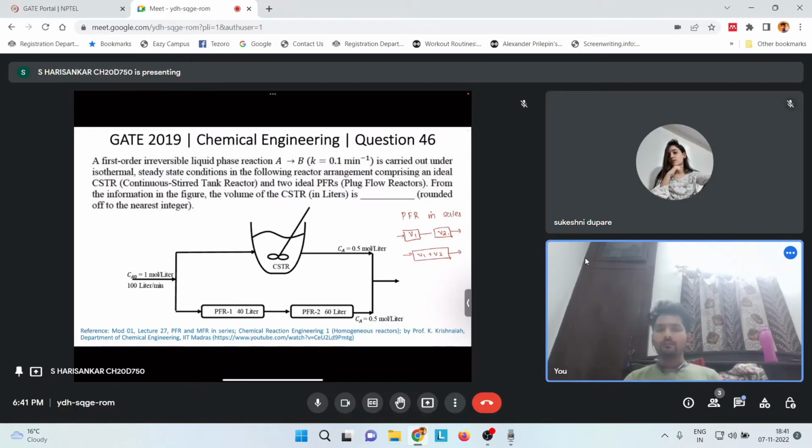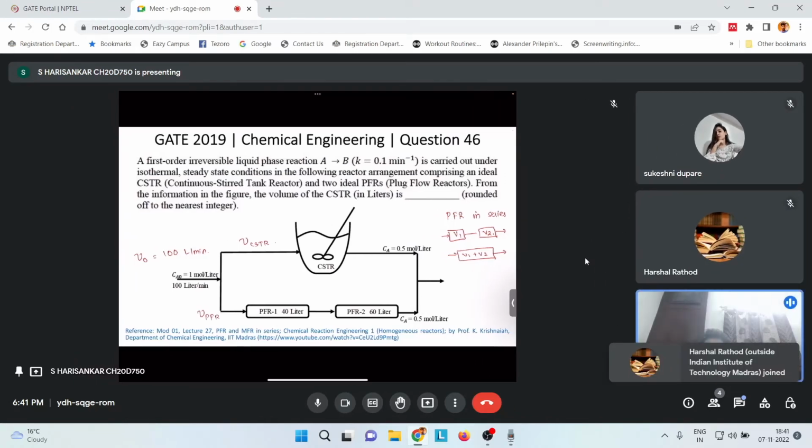Now the unknown here is basically the flow rate. The total flow rate, they have given, nu 0, as 100 liter per minute. Now this total flow rate gets divided into two. Let's say this is nu CSTR and this is nu PFR. We are not sure how the flow rate is getting distributed into these two streams.